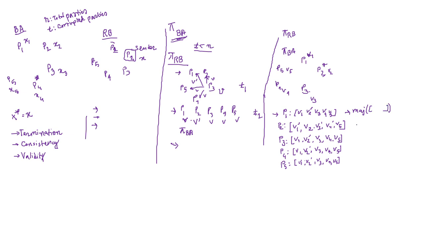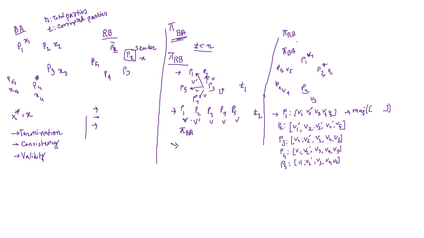Everyone will output the majority of these 5 values. Now, one thing to notice is that the consistency is by default satisfied, right, by the consistency of the RB protocol.